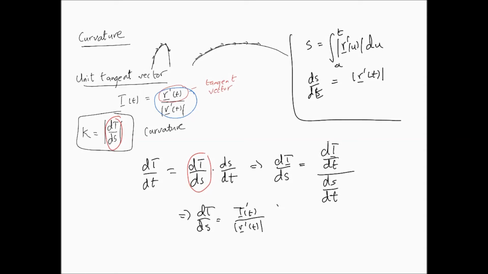So as you can see, that's a much simpler approach, which means that the magnitude of all of this is, in fact, the magnitude of this, which essentially boils down to just calculating the magnitude of T dash t divided by the magnitude of r dash of t. So as you can see, that is a much easier calculation compared to the other one, the dT/ds.